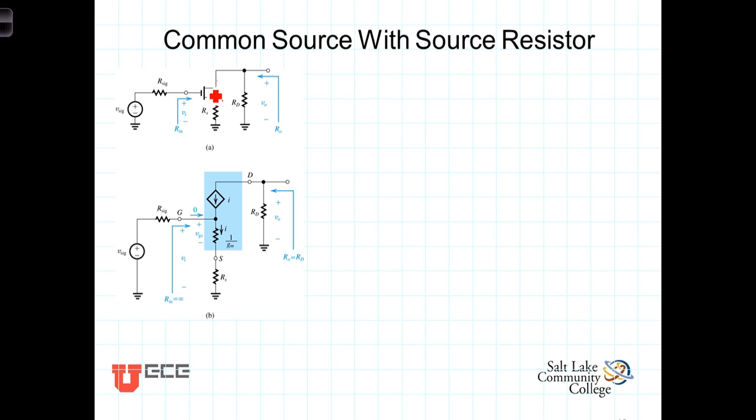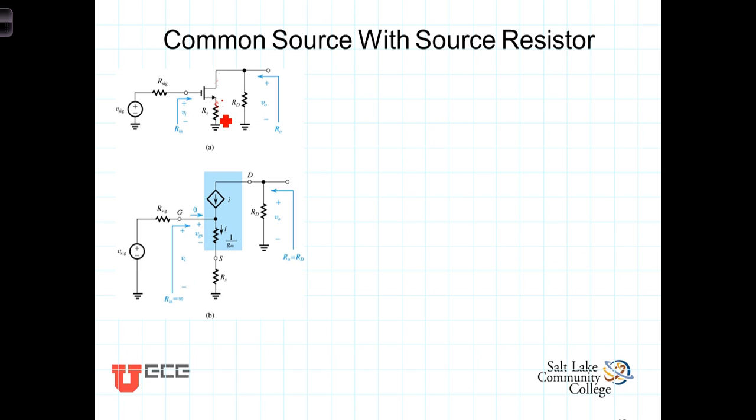So for example, if something were to cause the current through the transistor to increase, in other words, I sub D were to increase, the resistor here would have the effect of raising the voltage at the source, thus reducing the gate to source voltage, which would have the effect of reducing I sub D. So an increasing I sub D raises the voltage at the source, which reduces the gate to source voltage, which then feeds back in a negative way to constrain the original change.